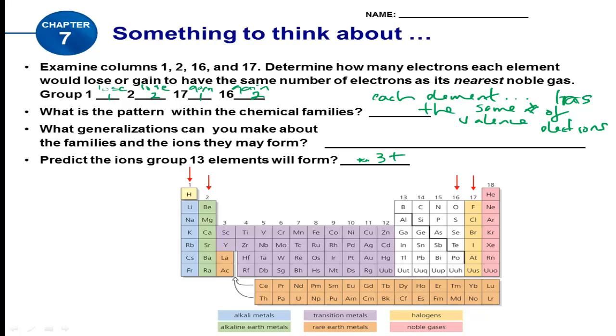And same with group 14, 14 minus 10, all of them will have 4 plus or minus charges. Group 15, 15 minus 10, that means you have 5 valence electrons, and they will probably gain 3 electrons. So that's it, people. That's 7.1, 7.2.